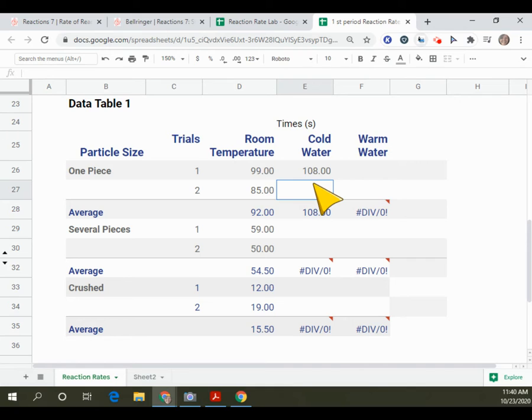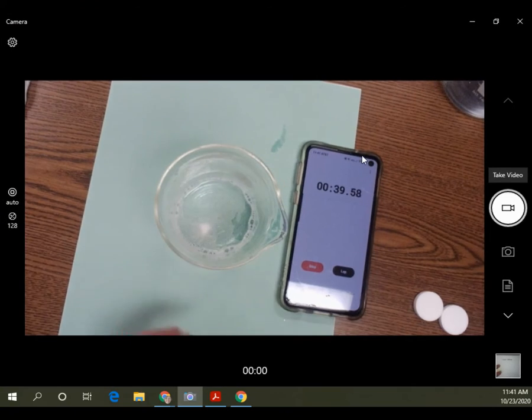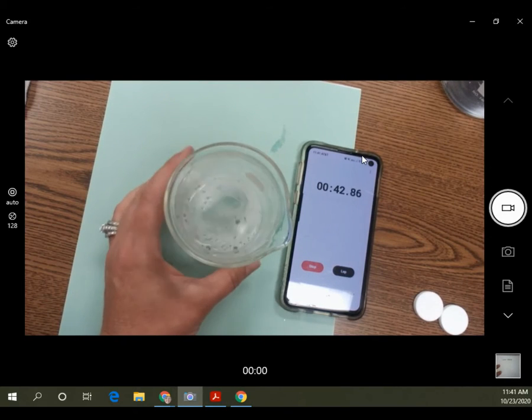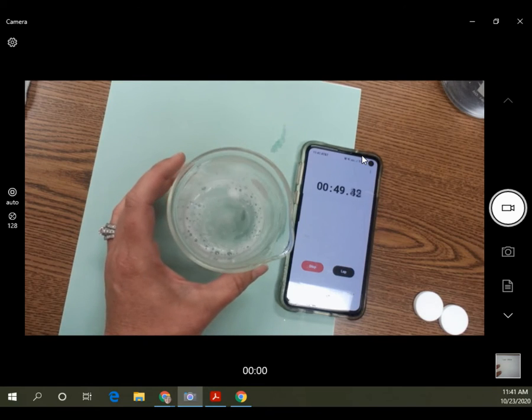This should be some good data. If you could see it, it would be good data. And you can see there's lots of bubbles there.